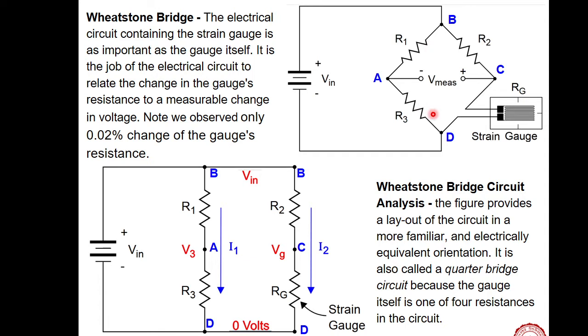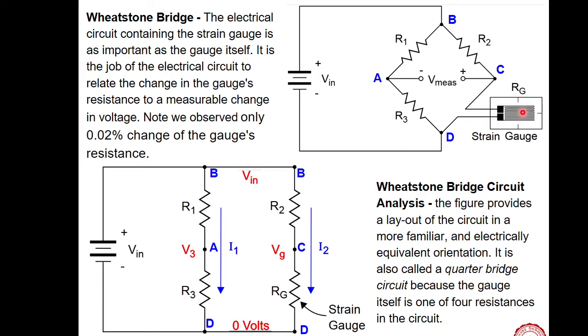Like a bridge, there are 4 arms which contain some resistances. Across 2 corners there is a supply voltage, and across the other 2 corners we have the measurement of voltage. Here the strain gauge itself is an element of the circuit, basically the resistance of one arm of the bridge.